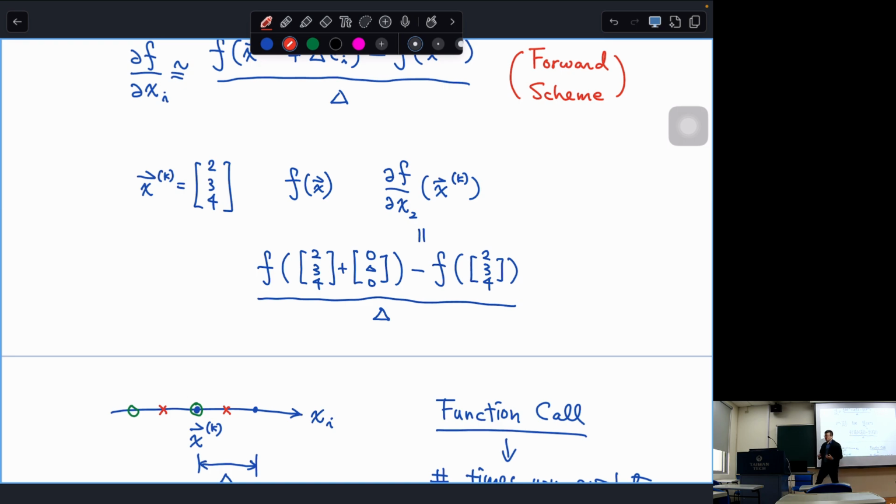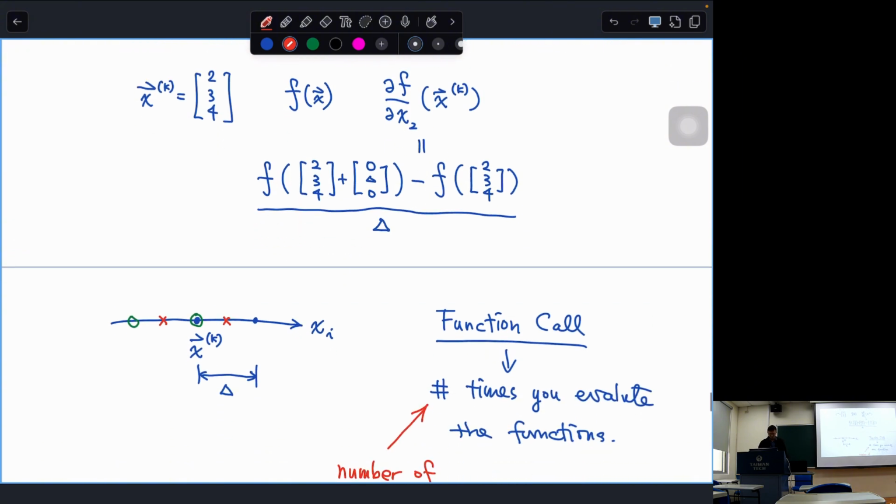So controlling the number of function calls is like controlling your budget. In reality, when you are in a company, when you are doing optimization, nothing is for free. You need to have a design and test. Then you get one function value. You change a little bit, perform the experiment again. That's the second function value. So it's the number of times of your function evaluation.